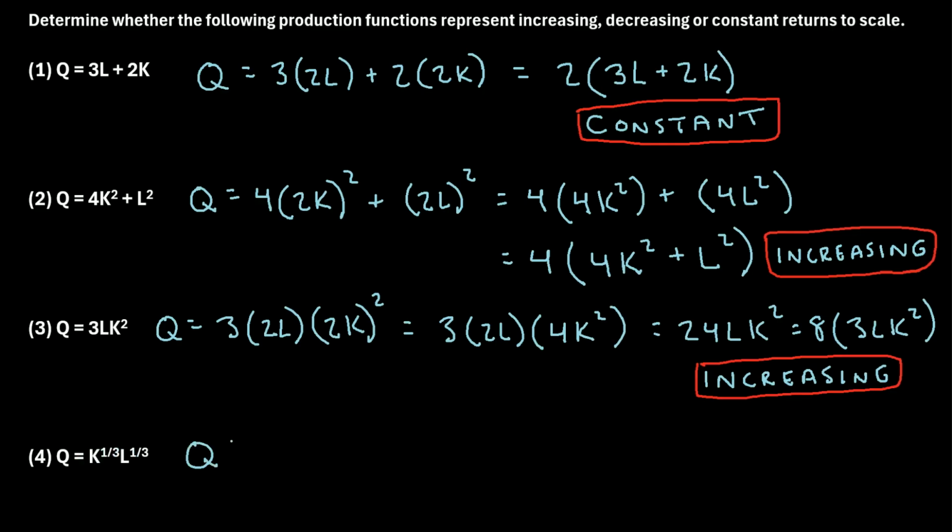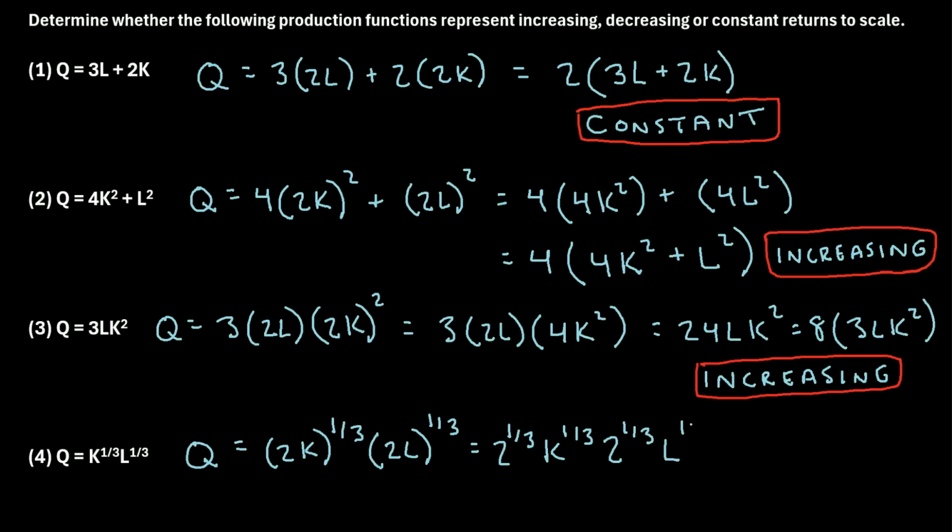So that would be Q is equal to, instead of K to the 1/3, we'll have 2K to the 1/3. And instead of L, we'll have 2L to the 1/3. So when we simplify this a little bit, we get 2 to the 1/3 times K to the 1/3, and then we'll have 2 to the 1/3 times L to the 1/3.